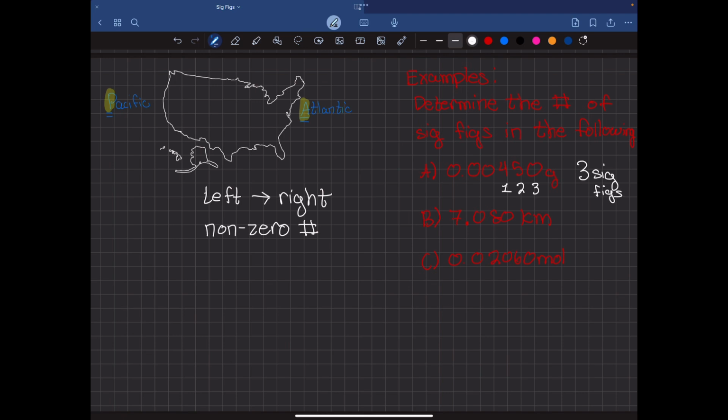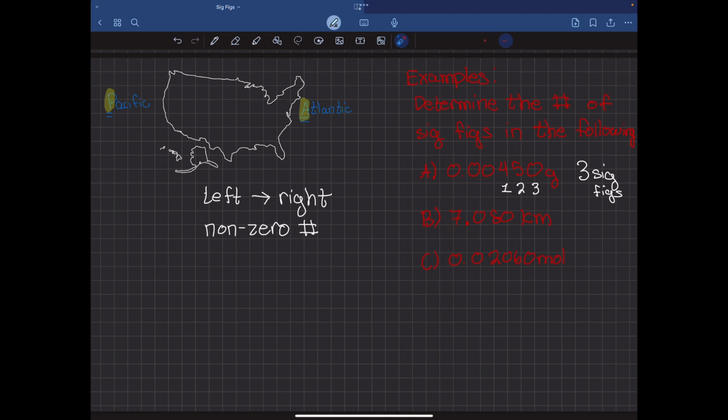Now, let's go to the next example, B. Again, I'm analyzing it, and I see there's a decimal present: 7.080 kilometers. Decimal present means I read from left to right, from the Pacific Ocean all the way to the Atlantic. First number I have, 7.